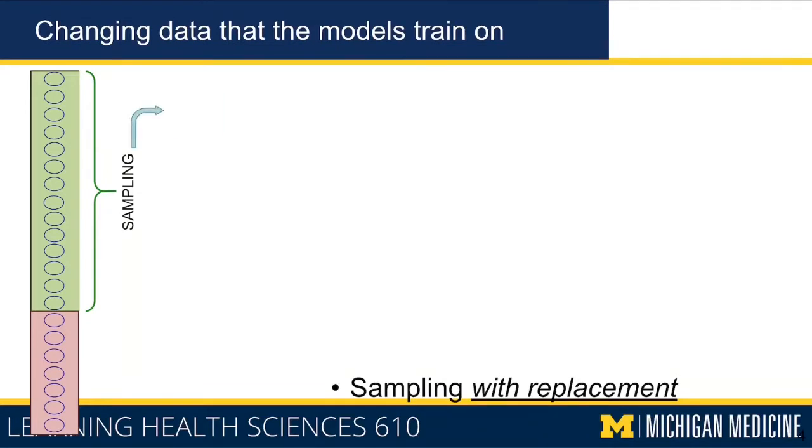You take an example, note it down, and then put it back in and take another example from your original green set, from your training set. Okay. When you're sampling with replacement, you create a set of instances from your training data where, because you are doing it with replacement, there is a possibility that the same instance comes multiple times in your sample, right?